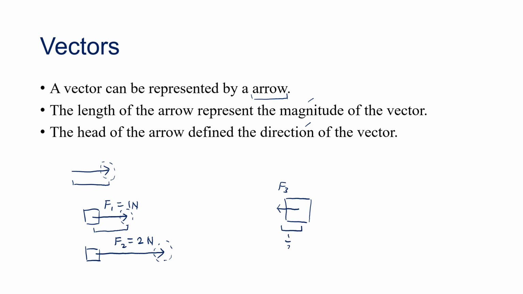This is about 1/2 of F1. So from here we can conclude this F3 has a magnitude of 0.5 Newton because the length is only half of F1, and this is pointing to the negative x direction, which is opposite to F1 and F2.